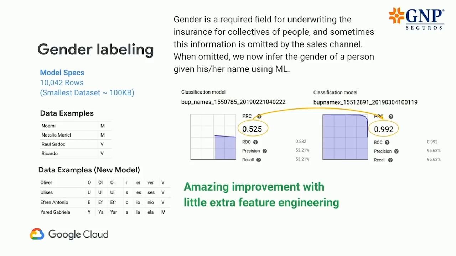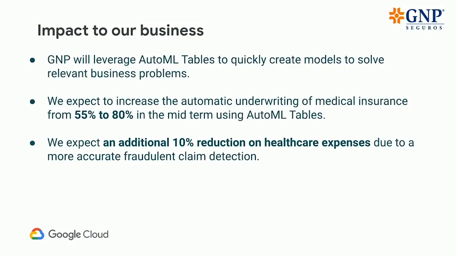Yeah, so in this example, by tweaking a little bit the feature engineering, leveraging AutoML Tables, we were able to achieve a very high efficiency of this model. So this is just another small example of how we can use this tool. And the results that we saw in AutoML, with the use cases that we developed at GNP, are really promising.